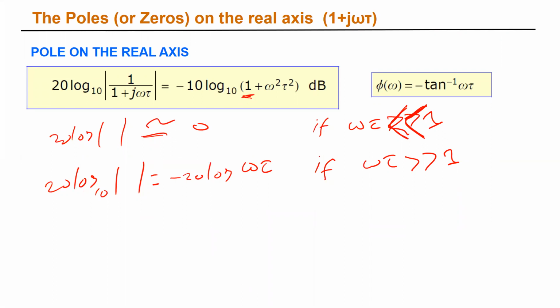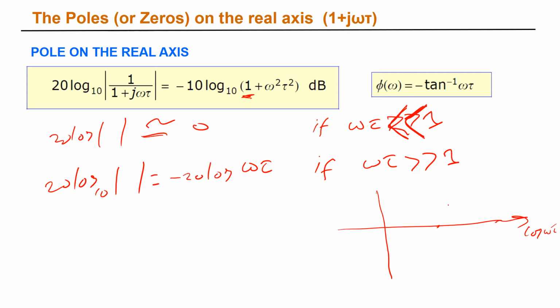Of course, at omega equal to 1 over tau, this will be 1, which will be 0. So basically what we are saying here, if I modify my scale, this is log omega tau as a matter of fact.